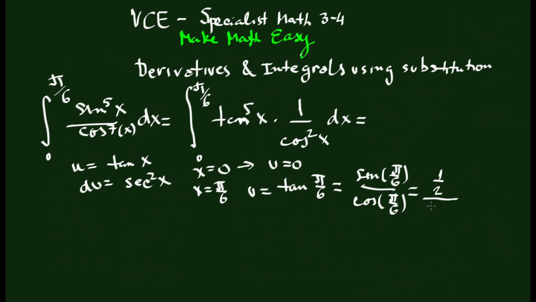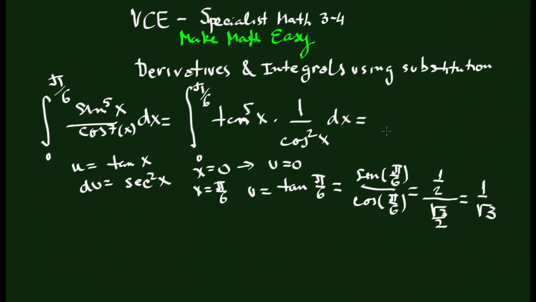And the bigger one is cosine, so cosine goes down. Those are the two values that you need to remember, 1/2 and square root of 3 over 2. They're the same for pi over 3, which is 60 degrees, just the other way around, so that's how you remember them. So this becomes 1 over square root of 3.